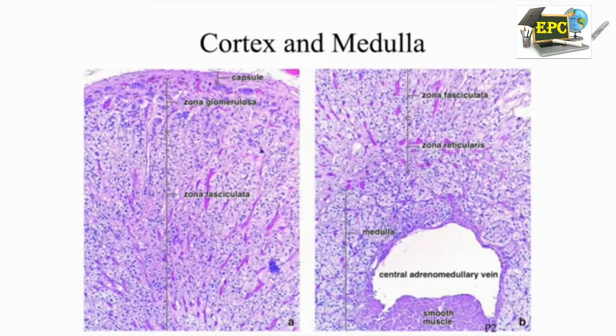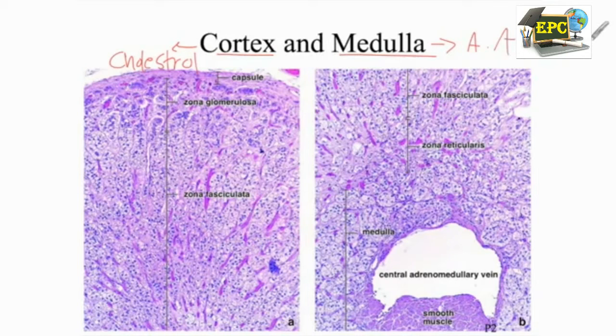So here we have the histological slides, and just before going through them, we need to know what kind of precursor the cortex uses to synthesize its hormones, and also the medulla, because these precursors actually reflect on the histological slides, and you can use them to differentiate between the different layers. So for example, the cortex uses cholesterol, and the medulla uses amino acids.